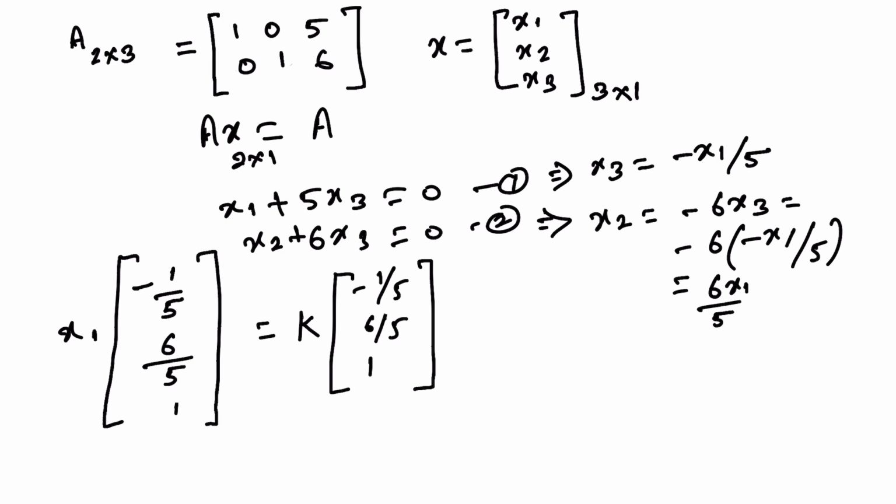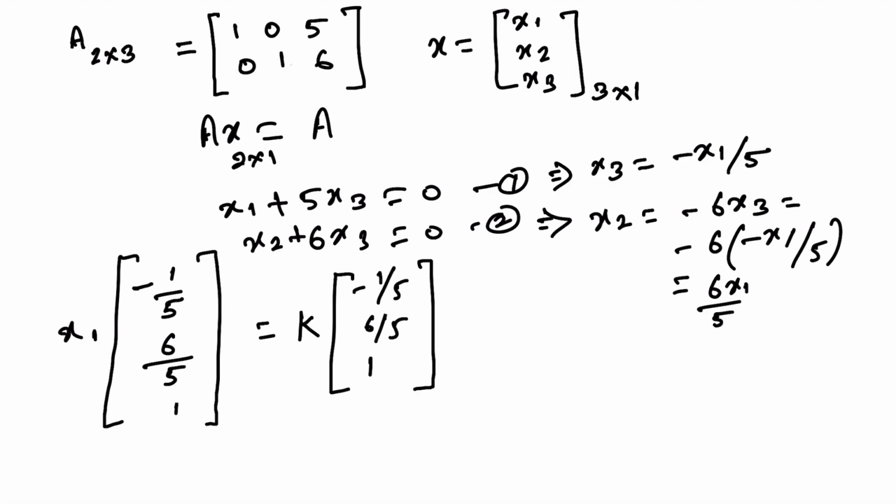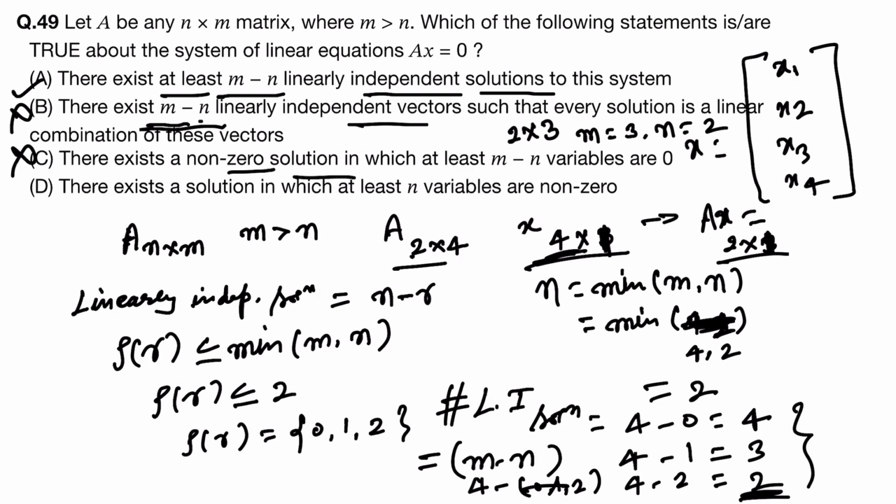So see, here no variable is 0. So what it was asking: there exists a non-zero solution in which at least m minus n variables are 0. So see here, the solutions are all non-zero, but here no variable is equal to 0. So this statement is also false.